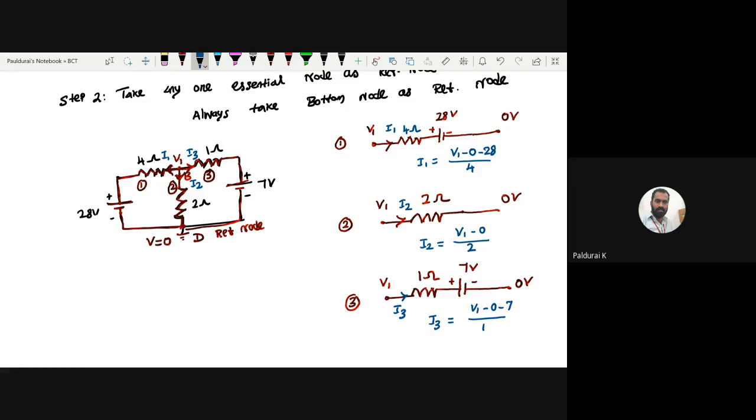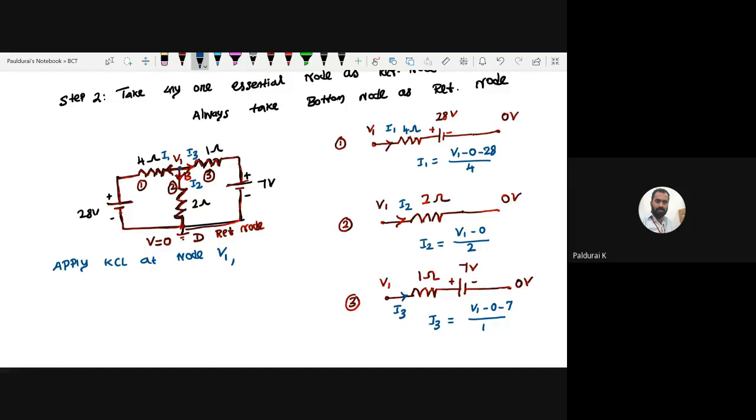Okay, so now coming to nodal analysis, apply KCL, right here. Apply KCL at node B, or straight away at node V1. At node V1, totally how many currents? 3 currents.